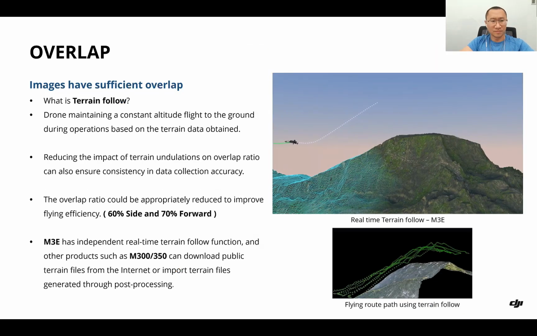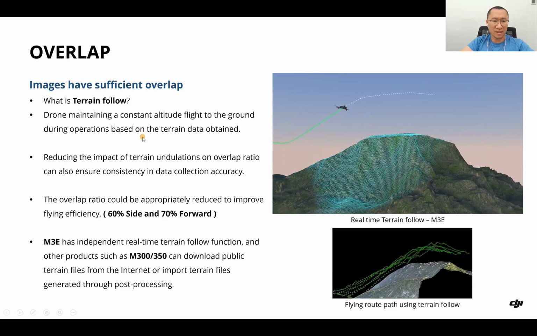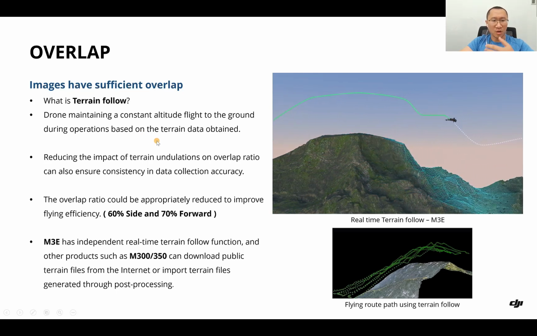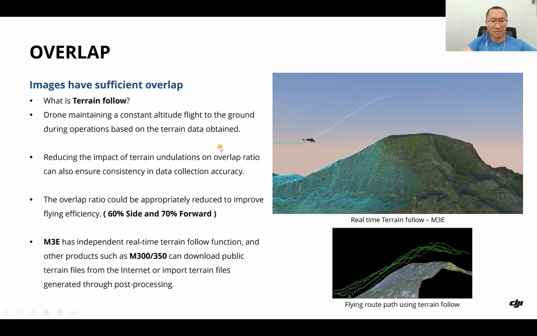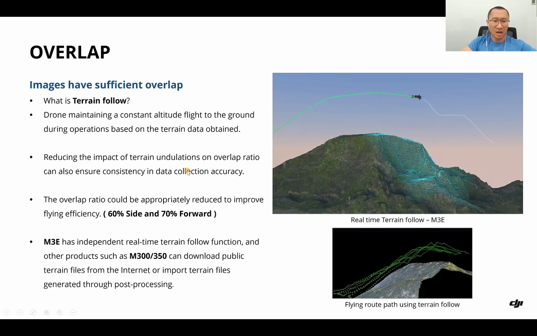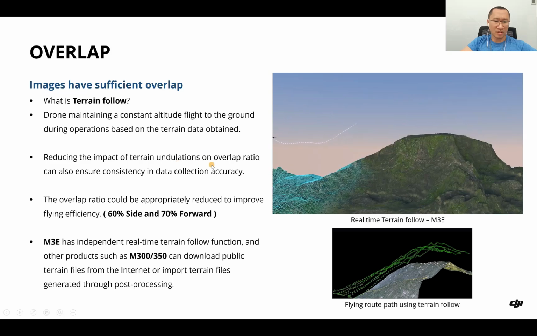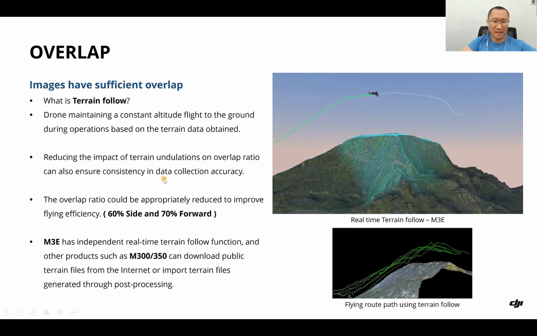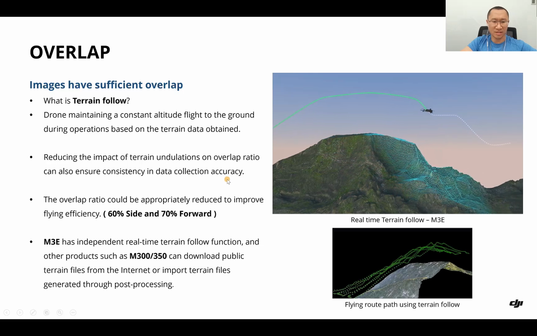What is terrain follow? The drone maintains a constant altitude above the ground during operations based on the terrain data obtained. It can reduce the impact of terrain undulations on overlap and also ensure constancy in data collection accuracy.